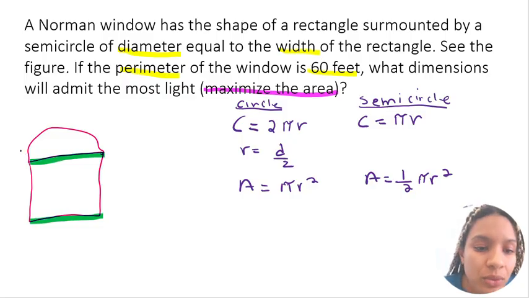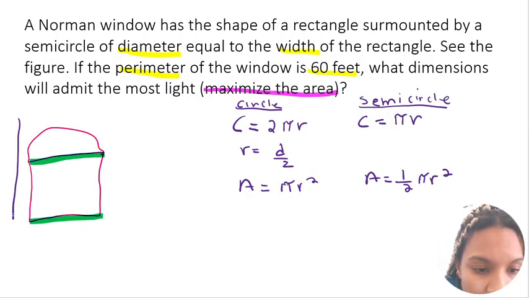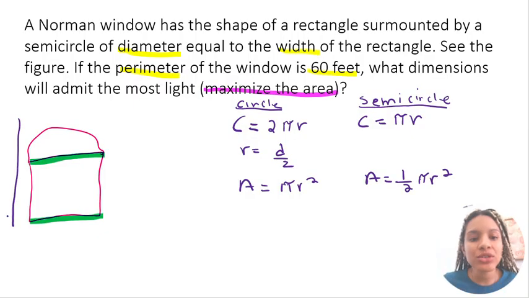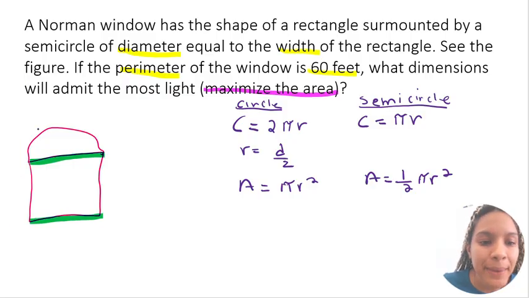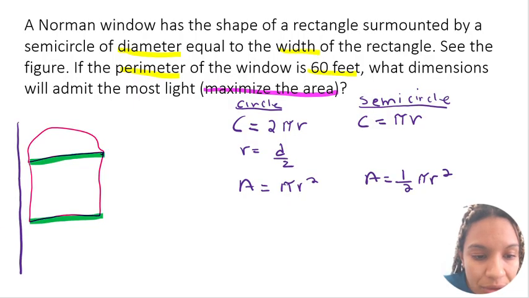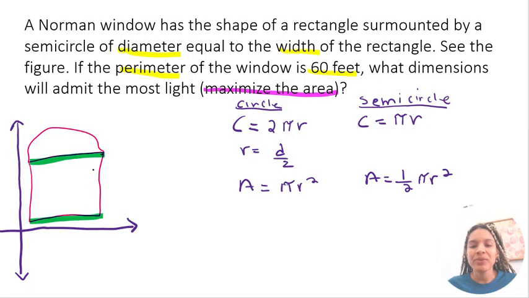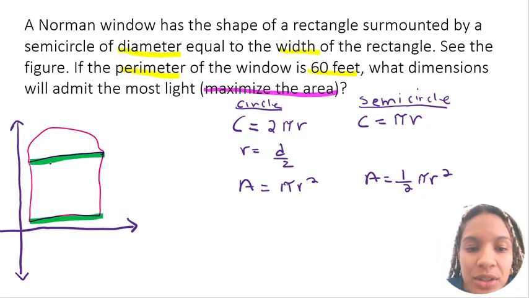So we are going to think about this. I cannot do a straight line. So this is the image that comes with our example. This is my shape of a window. The problem tells us the diameter of the semicircle equals the width.